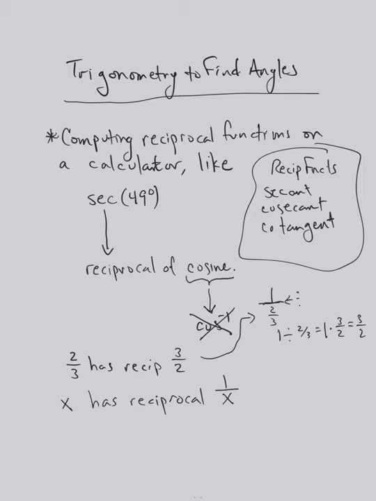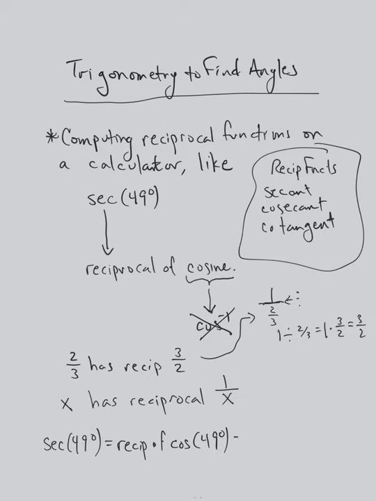Okay, and so now let's go back to the secant of 49 degrees. The secant of 49 degrees, remember the way we can write it mathematically, is equal to the reciprocal of the cosine of 49 degrees. Well, a number has reciprocal 1 over that number, all right?